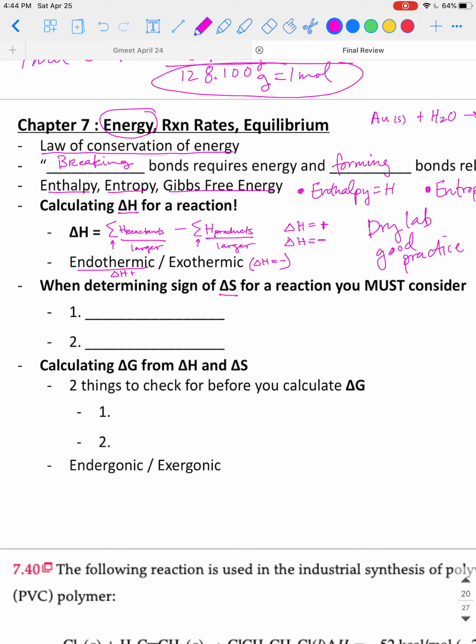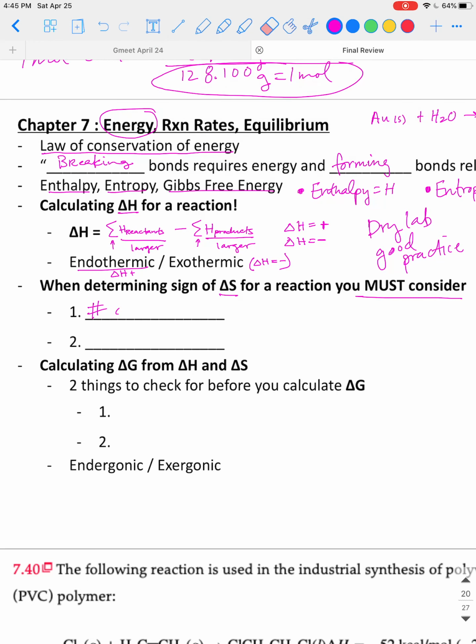Okay, so we had enthalpy, now we have entropy, and delta S is the change in entropy for a chemical reaction as you go from reactants to products. Now remember, when determining the sign of delta S for a reaction, you must consider two things.